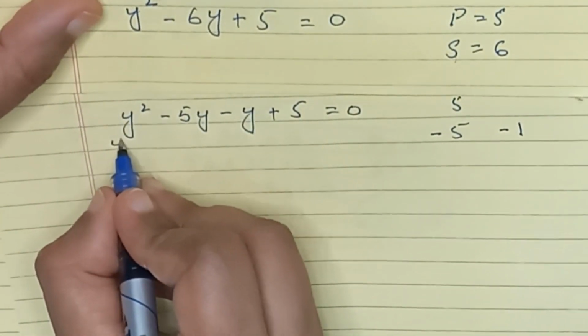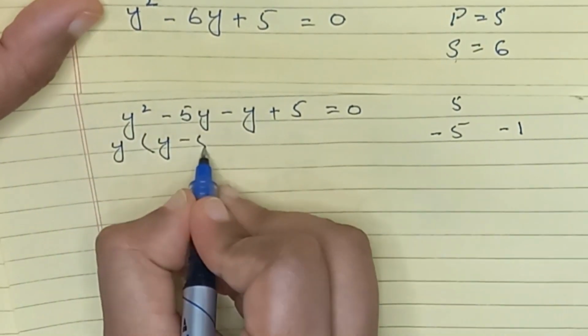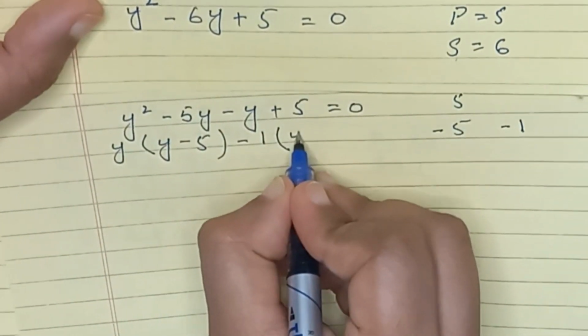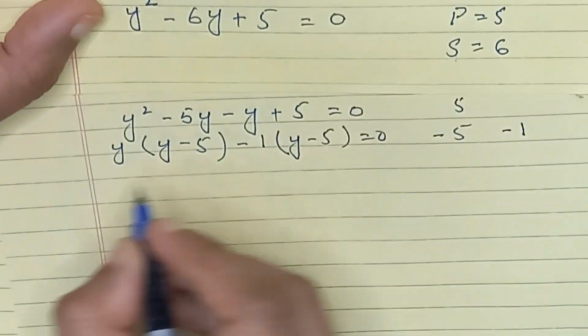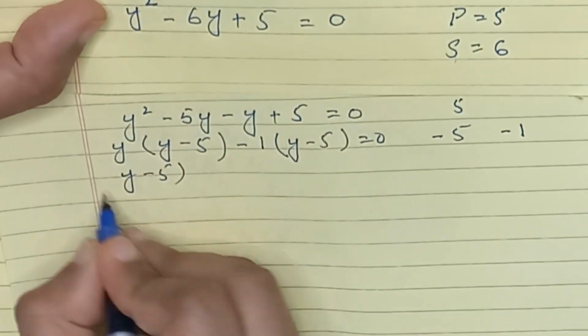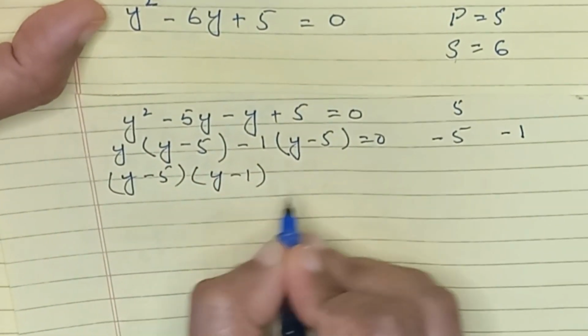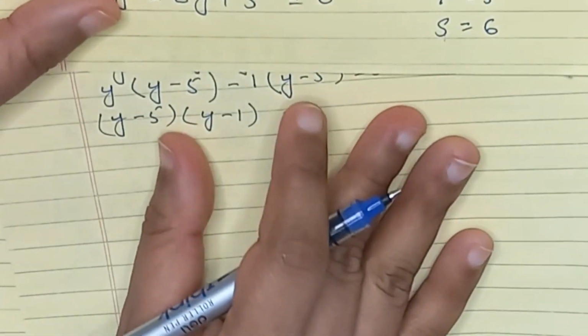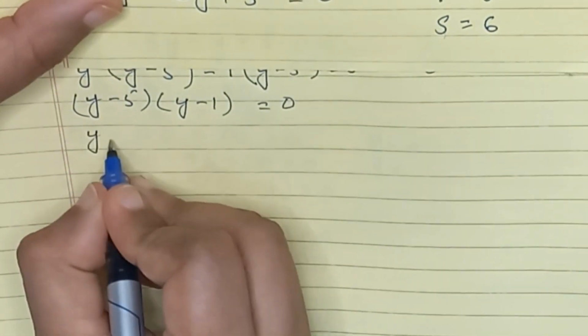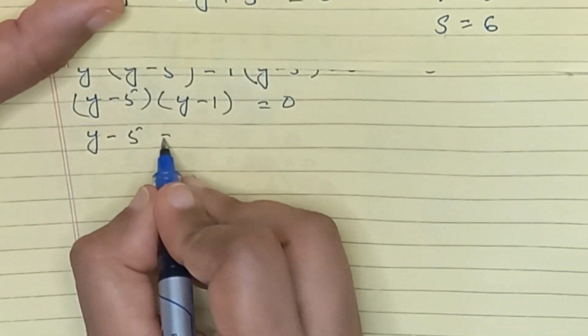Now from these two terms again y is common, same procedure. Negative 1 is common and it will be equal to 5 minus y, which is equal to 0. So from here y minus 5 and y minus 1, which is equal to 0. Here again we have two cases.